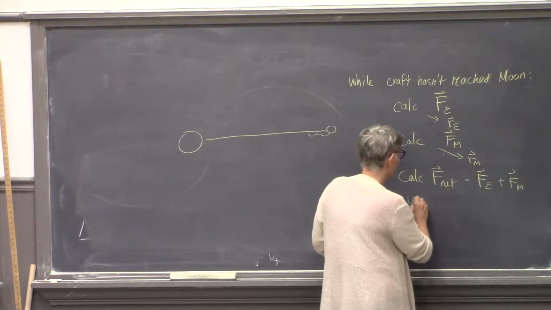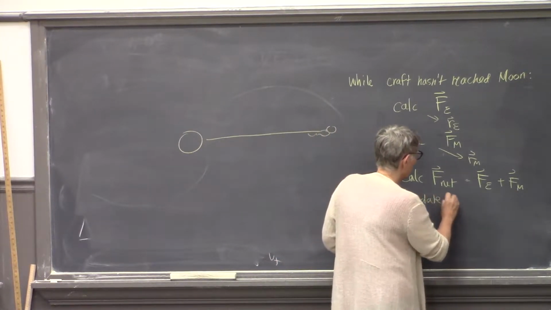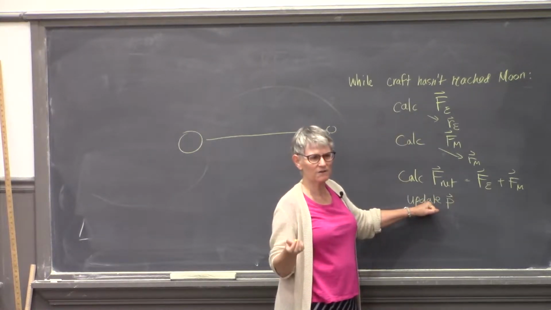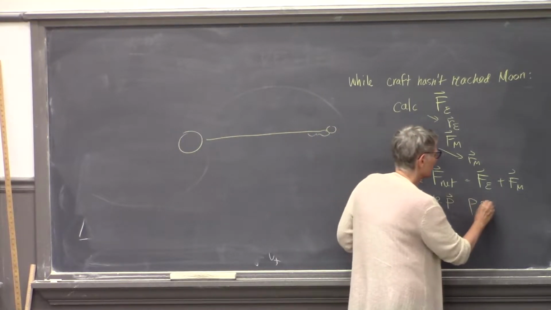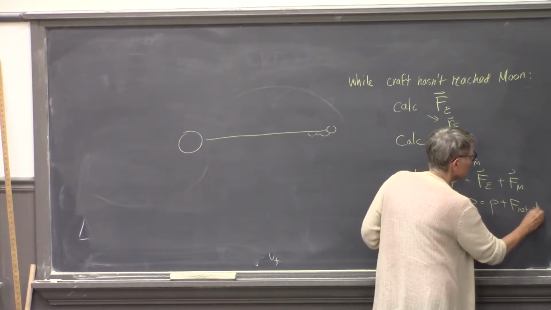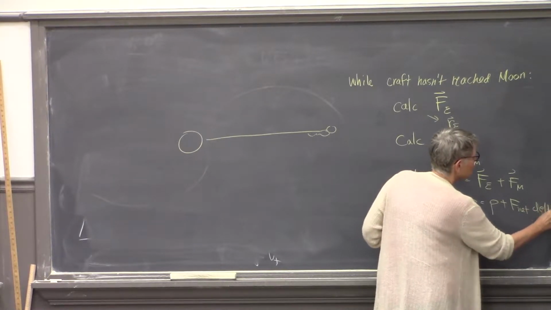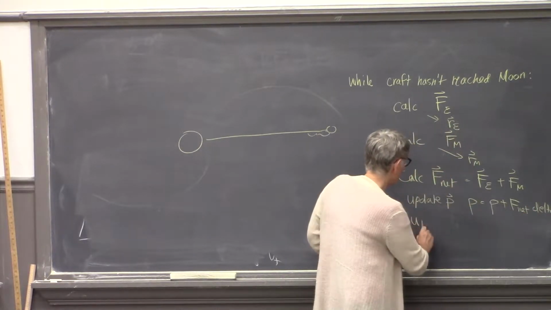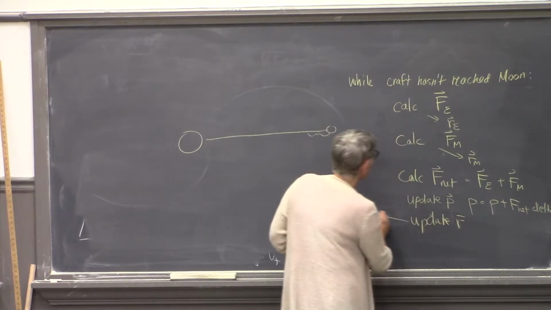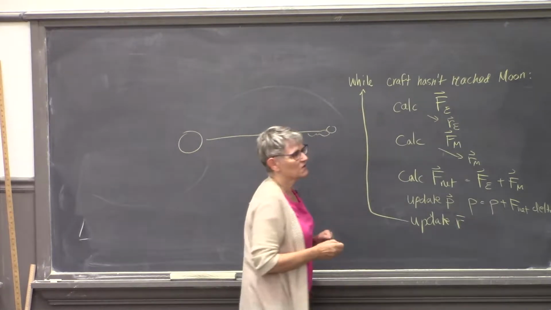So we update. And you want to remind yourself how to do this in a program, which is a little bit different than on paper: the odd-looking p equals p plus F net delta t. And then we want to update the position of the spacecraft, and then we go back up here and say, has it reached the moon yet?